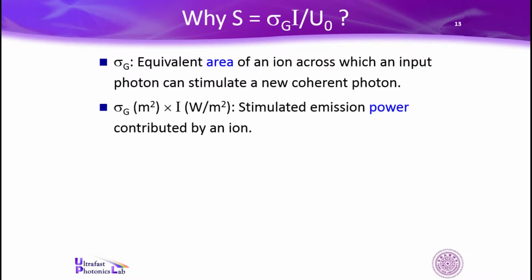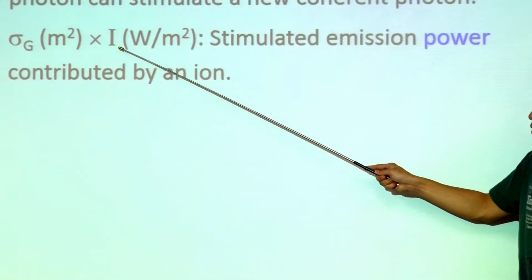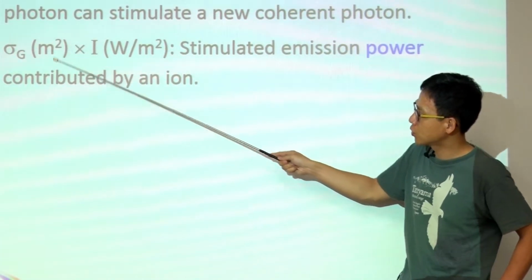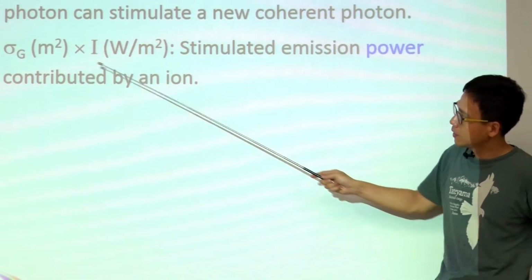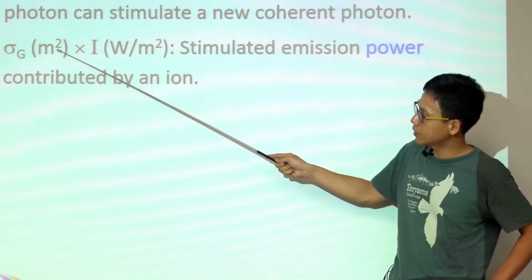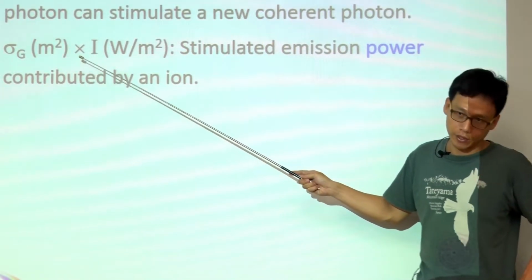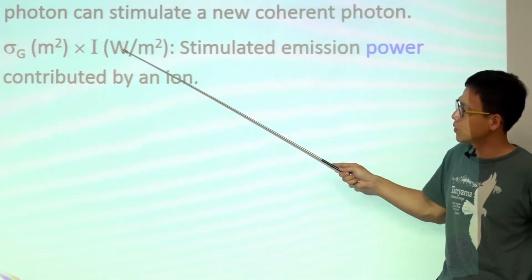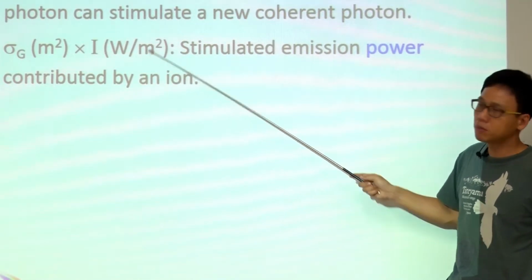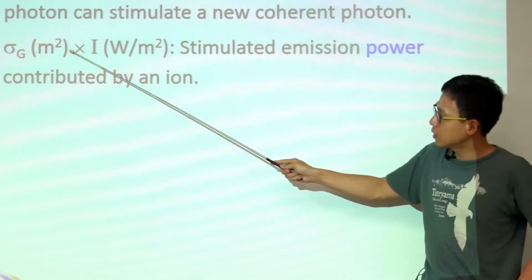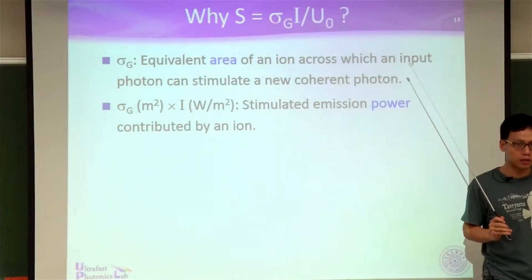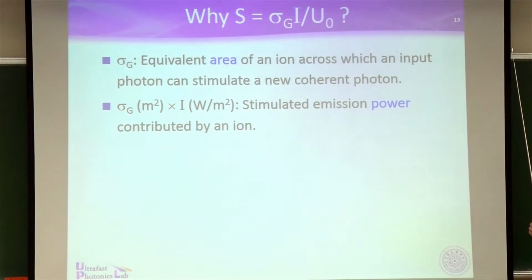So if you multiply sigma g with light intensity I, here I clearly denote the corresponding physical units. Sigma g is a cross-sectional area, so the physical unit is meter square. I is light intensity or power density, with unit watt per meter square. After the multiplication, meter square cancels, so you get a quantity in units of watt, the power. But what's the power?